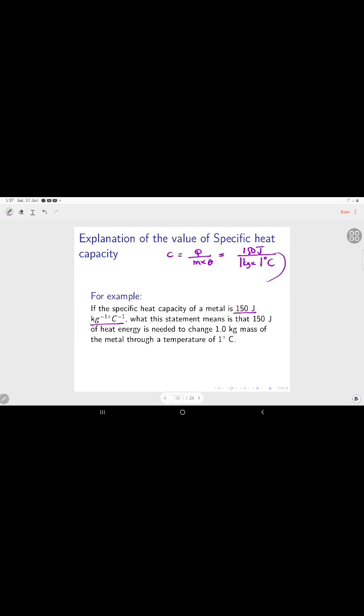That is the meaning of this statement. So how do you explain it? It simply means that you need 150 joule of heat energy to change 1 kilogram mass of the metal through this temperature. That's all.